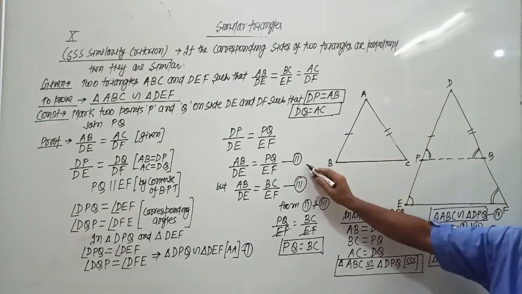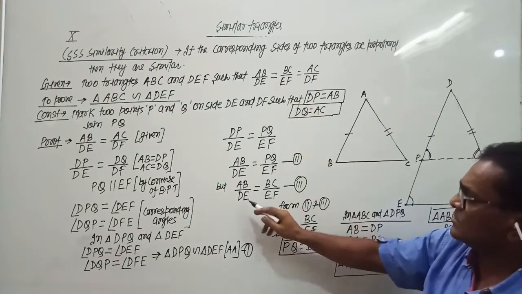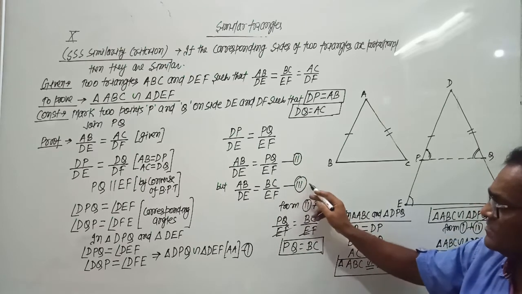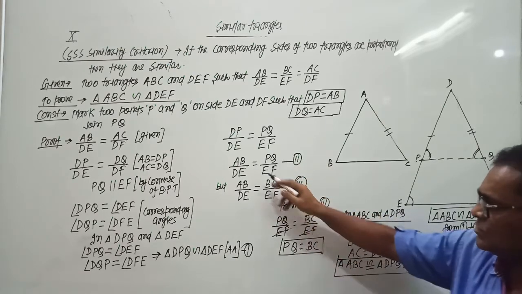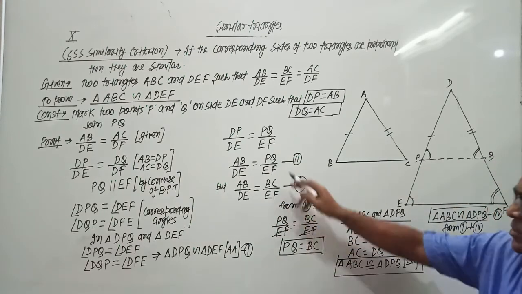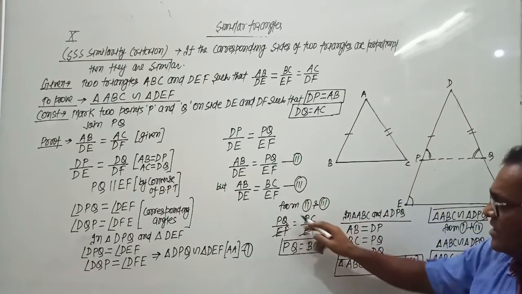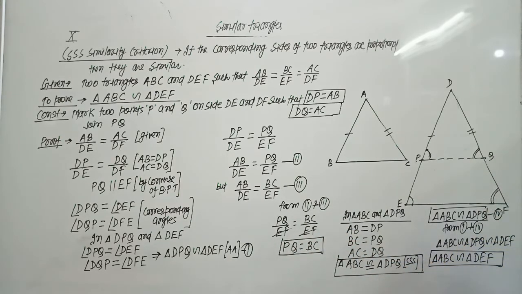This is second equation. But it is given that AB upon DE equals BC upon EF. This is third equation. From second and third, LHS is equal, so RHS must be equal. So PQ upon EF equals BC upon EF, EF and EF get cancelled, so we get PQ equals BC.